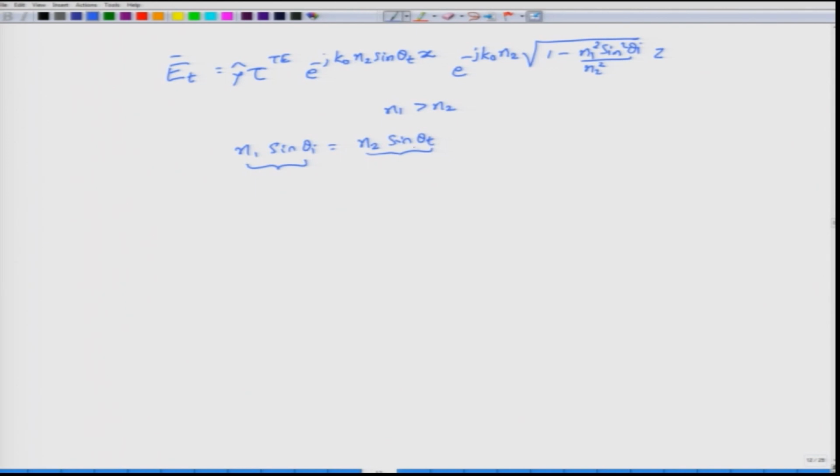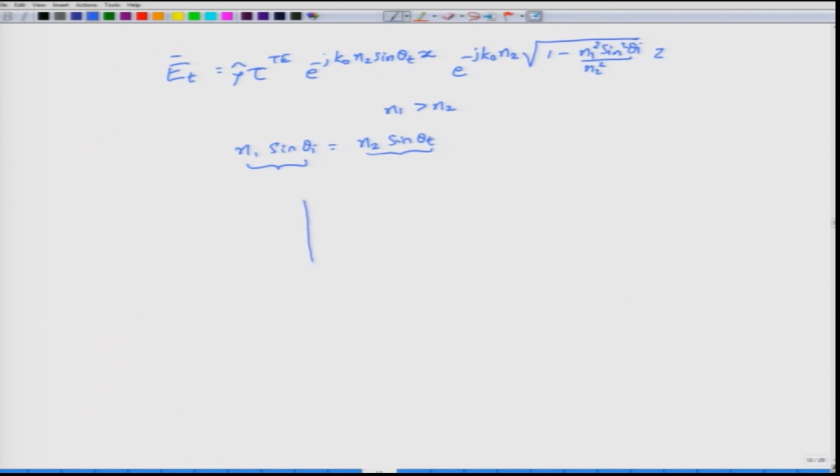Why would that happen? Because n_2 is smaller and the maximum value of sin theta_t is 1, so the maximum value the right hand side can take is n_2, whereas on the left hand side the maximum value is n_1, but you may not even need to go all the way up to 90 degrees to reach the maximum.